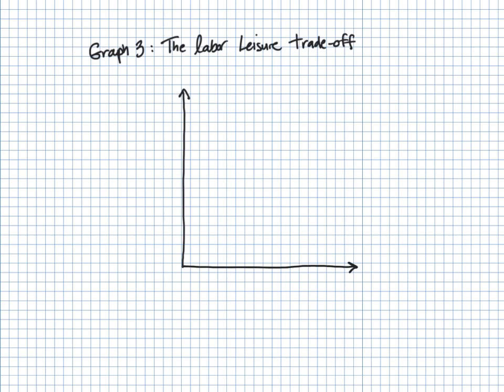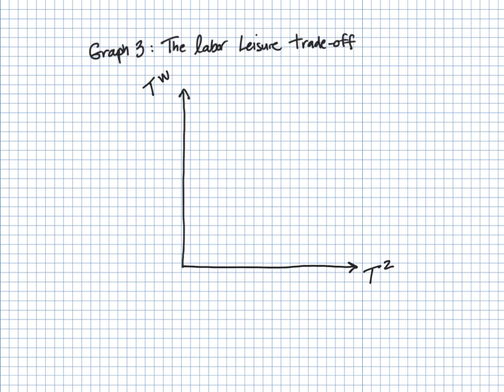The other options we have remaining are to spend time working and spend time playing. The time working we call TW, and the time playing, the time in leisure, recreation, having fun, we call TZ. Now there's a fundamental trade-off here.